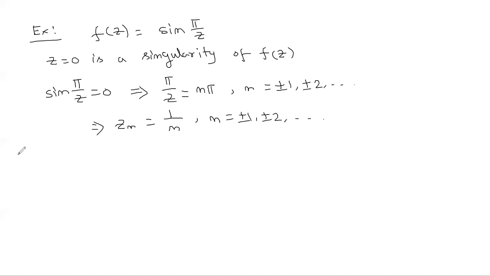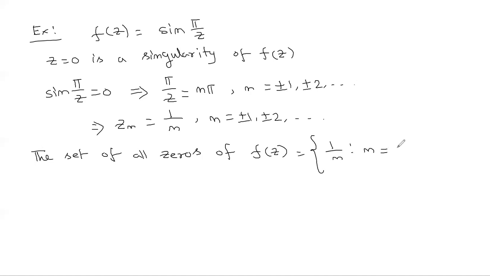So here we can see the set of all zeros of fz is 1 by n for n equal to plus minus 1, plus minus 2, etc. And the limit point of the set of all zeros is 0, because as n tends to infinity, Zn tends to 0.